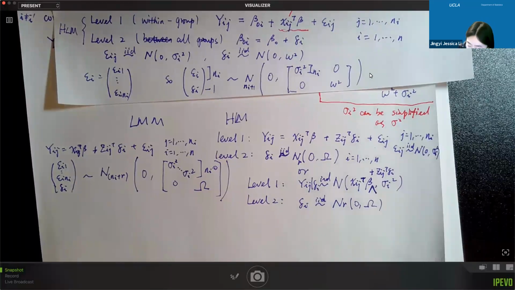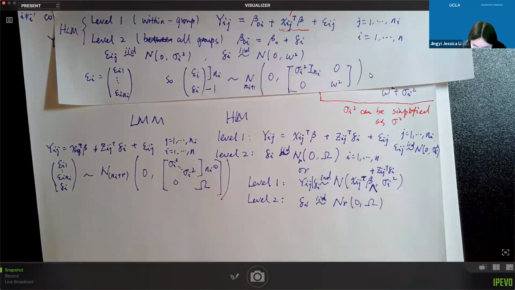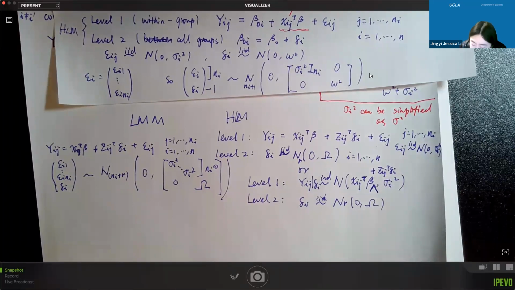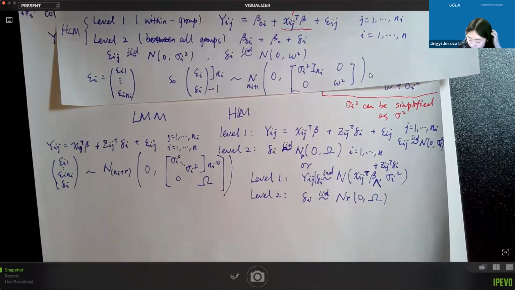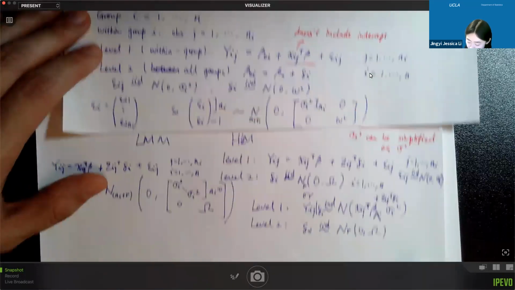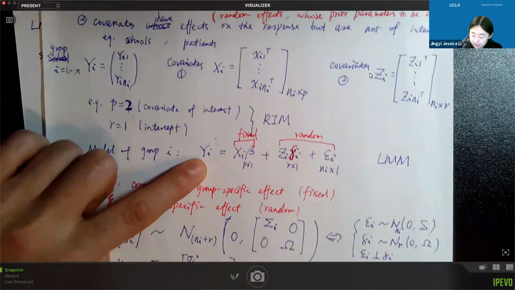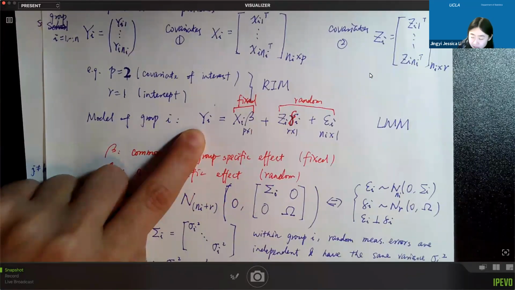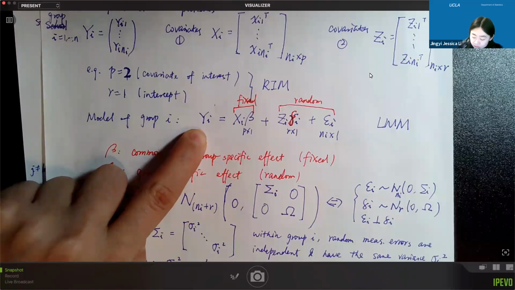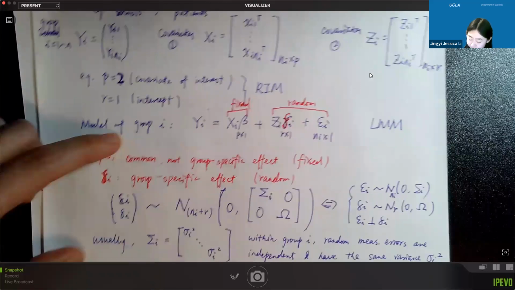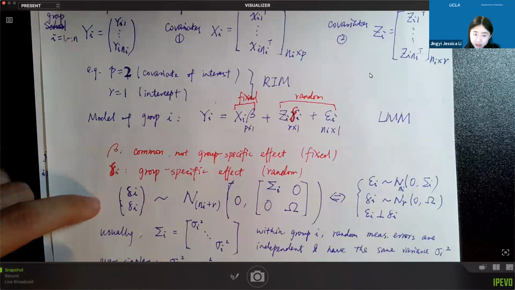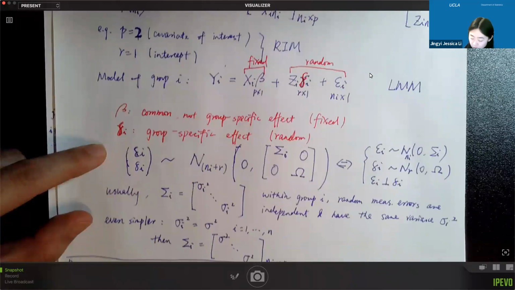Now we are going to put everything into a big matrix form. Recall that our previous matrix form is just for within group I. Let me scroll down here. This is already a matrix form, but here we just have yi, that's for the ni observations within group I. Now we're going to stack all the observations across all the groups.